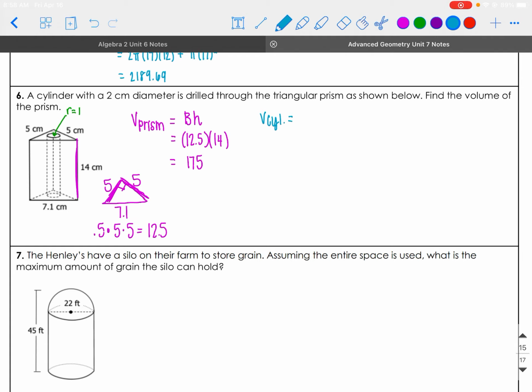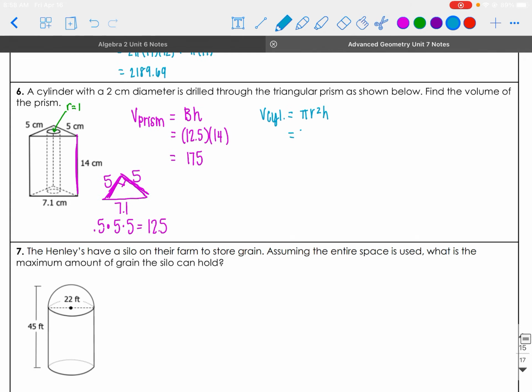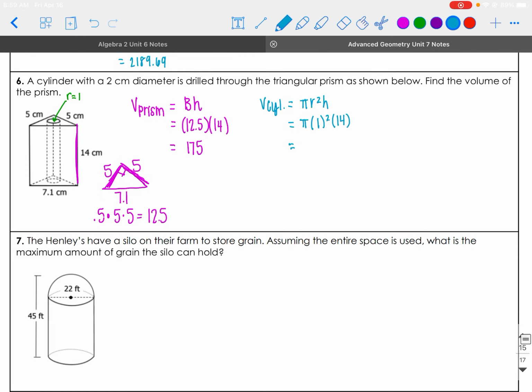Then the volume of the cylinder, that's pi r squared h. So pi times 1 squared times 14, which is 43.98.